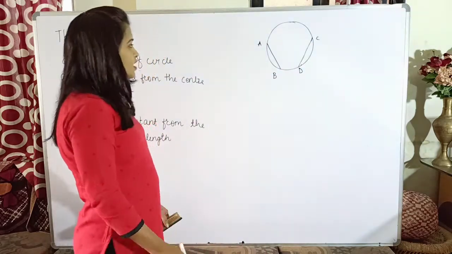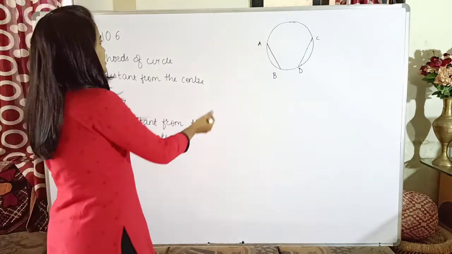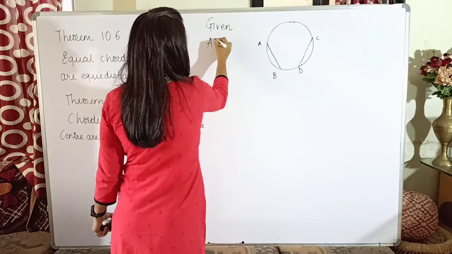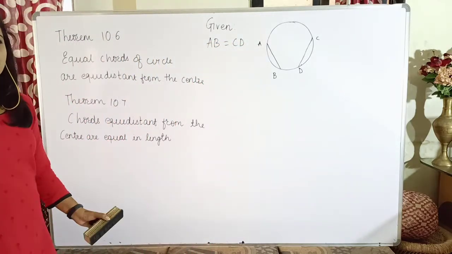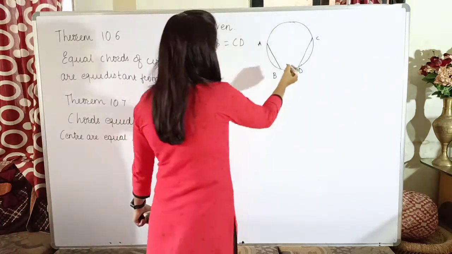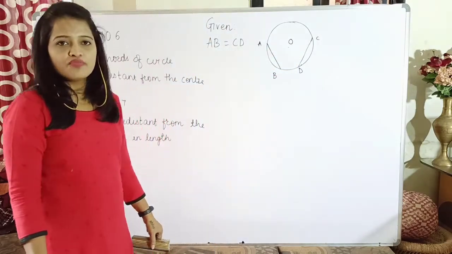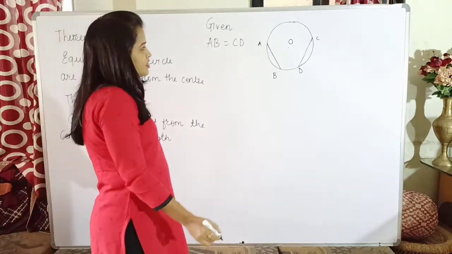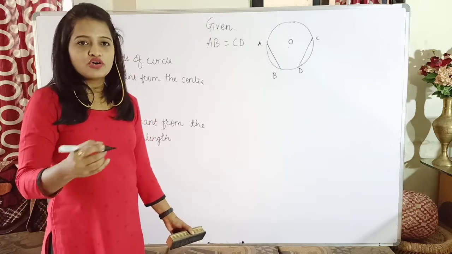Now the theorem says equal chords of the circle. It means the given part of the theorem is that the chords are equal, that is AB equals CD. If the chords are equal, they are at equal distance from the center. Just now we have seen how to know the distance of a line from any point: we have to draw a perpendicular from that point on that line.